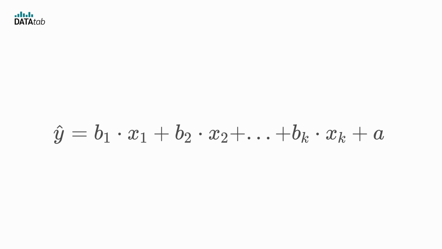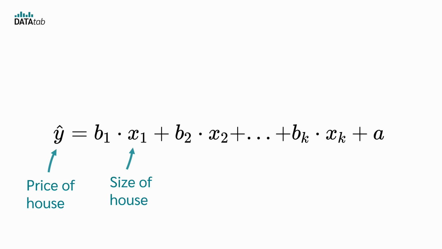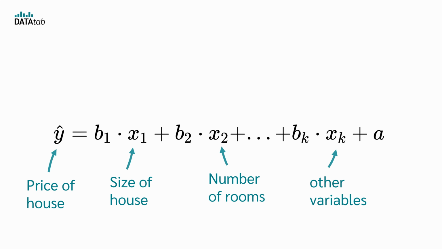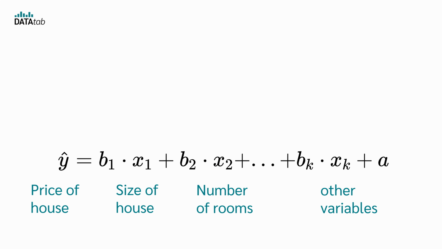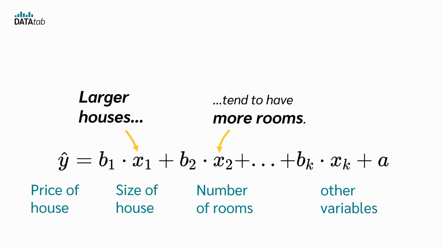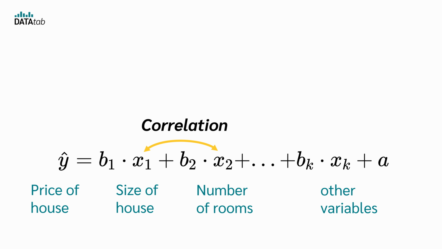An example: imagine you're trying to predict the price of a house. To do this, you use the size of the house, the number of rooms, and some other variables. Usually, the size of the house is related to the number of rooms. Large houses tend to have more rooms. So these two variables are correlated.